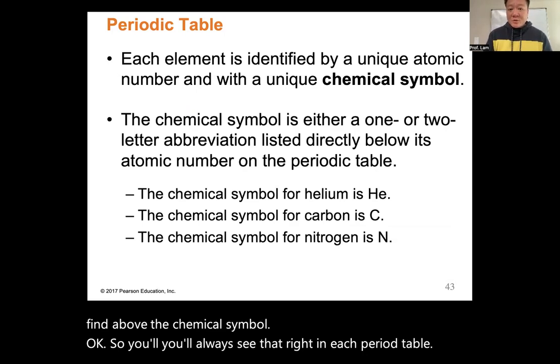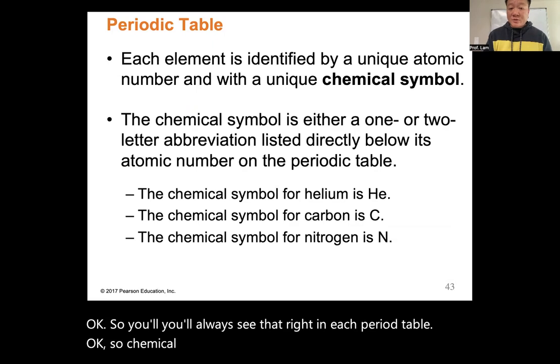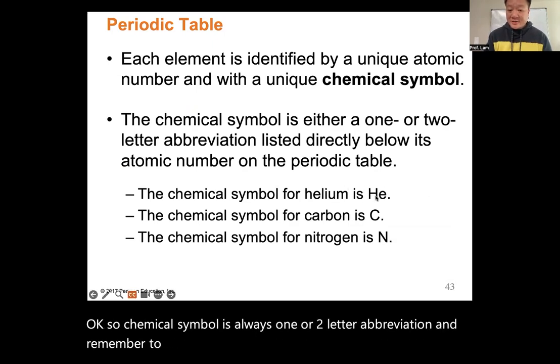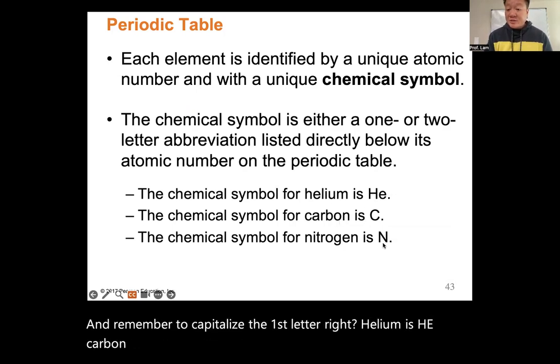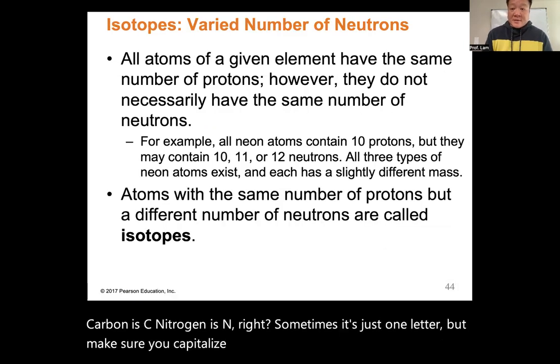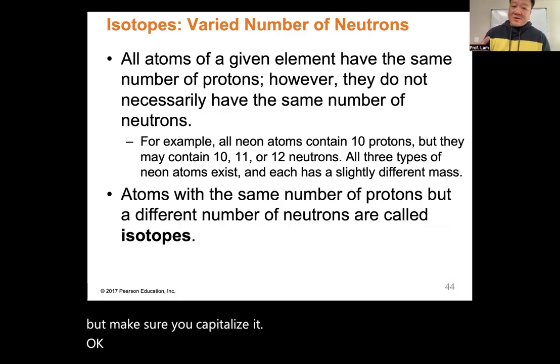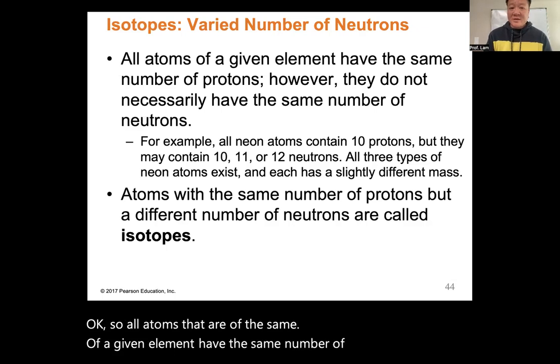Okay, so chemical symbol is always a one or two letter abbreviation, and remember to capitalize the first letter, right? Helium is He, carbon is C, nitrogen is N, right? Sometimes it's just one letter, but make sure you capitalize it. Okay, so all atoms of a given element have the same number of protons, okay?